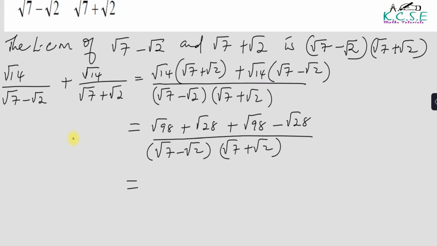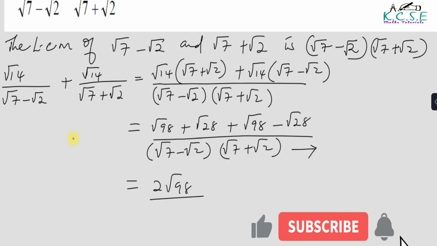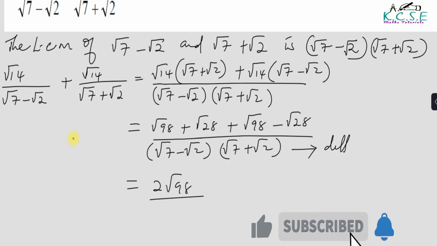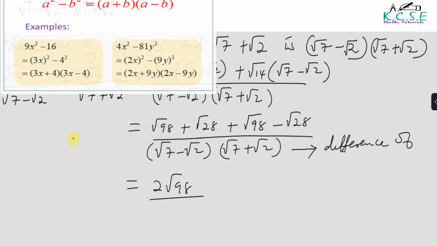We can simplify the numerator here. Root 98 plus root 98 will give 2 root 98. Then root 28 minus root 28 disappears to 0. Then you notice the denominator is a difference of two squares.